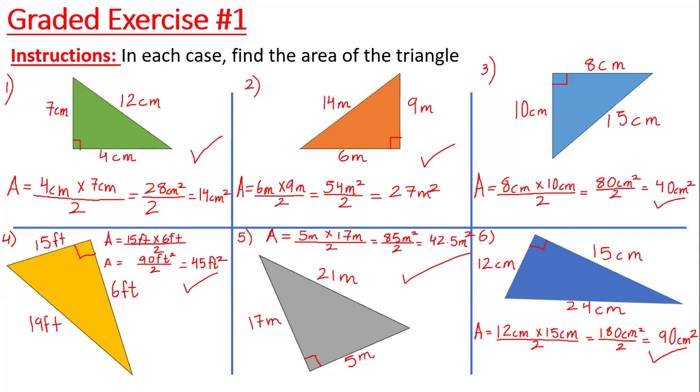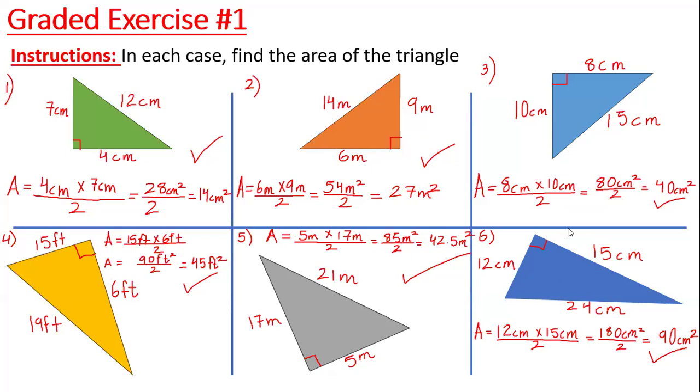Good. Okay, so number one, 14 centimeters squared. Number two, 27 meters squared. Number three, 40 centimeters squared. Did y'all get that one? Yes, sir. Number four, 45 feet squared. Number five, 42.5 meters squared.